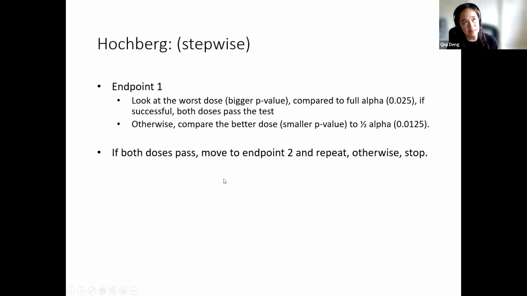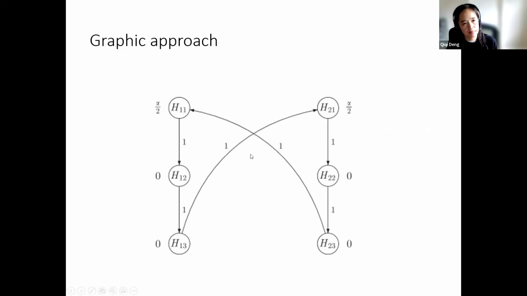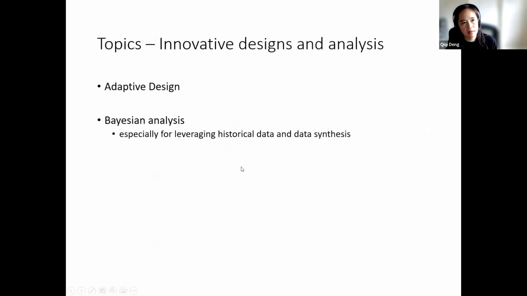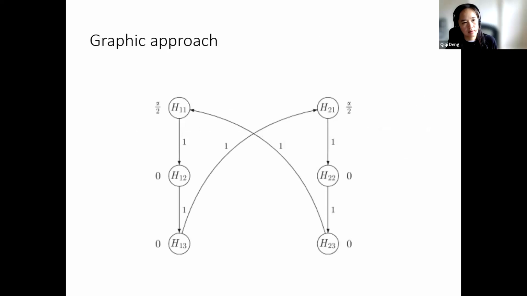The biostatisticians are the ones leading the discussions and trying to compile different input from the clinical side or from the marketing side, and then try to build a strategy that works best considering those aspects. Then I also include a graphical approach. This again specifies the order of the hypothesis testing, and also how the alpha could be split among different hypotheses.